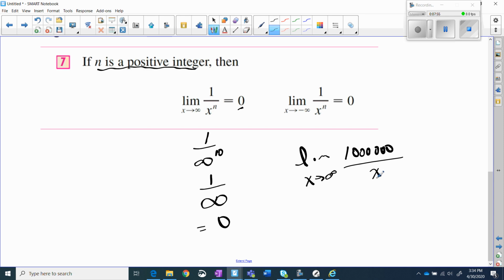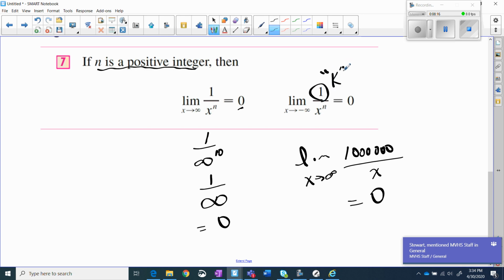So imagine if we made this a massive, massive number. I don't care about this number, because I can make the one on the bottom so much bigger than it that when I divide those out, I'm still going to get 0. So generally, the property here is written out, but this could be any number, as long as it's a member of the real numbers, it'd be fine. It'll work.